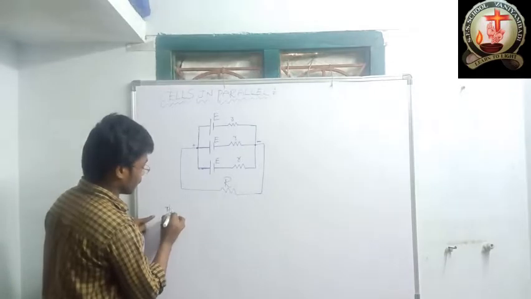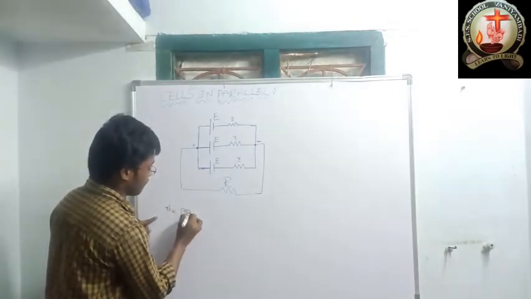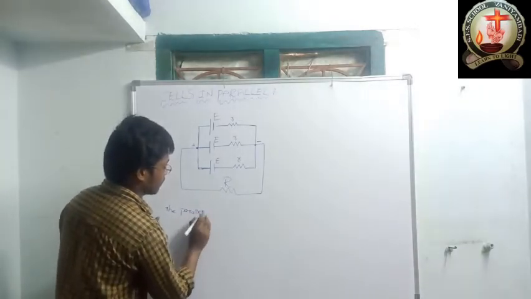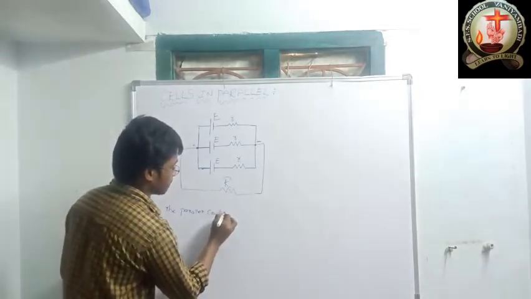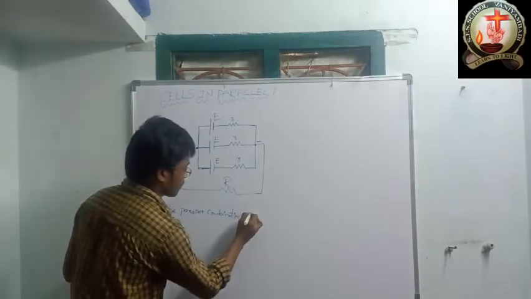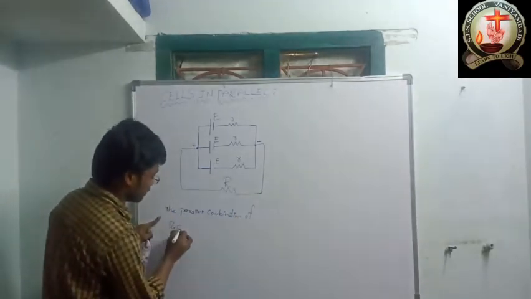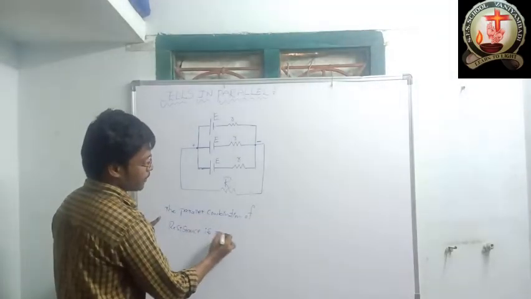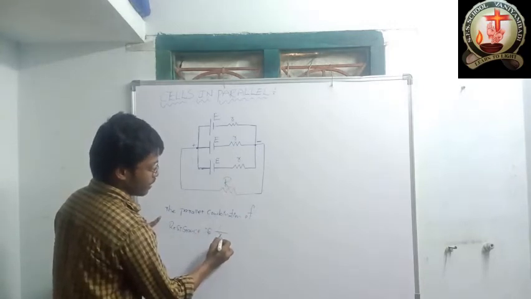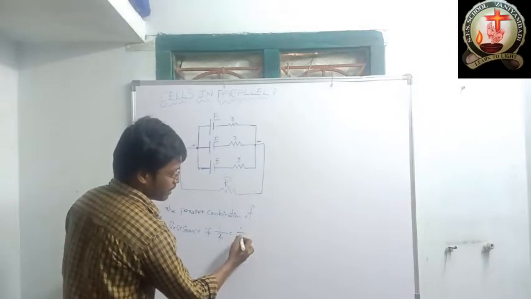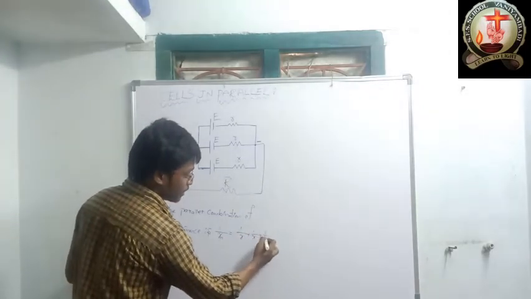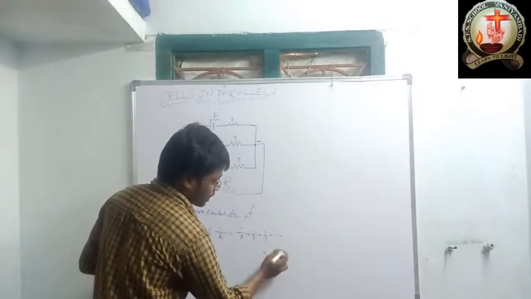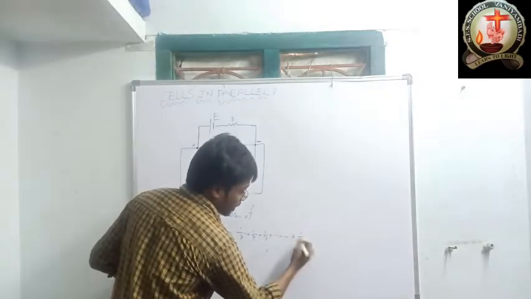So the parallel combination of resistance is 1 by Rp equals 1 by R plus 1 by R plus 1 by R, and so on, plus 1 by R. How many times like this?